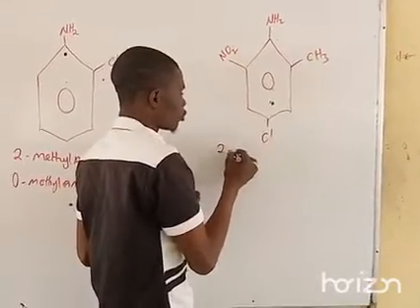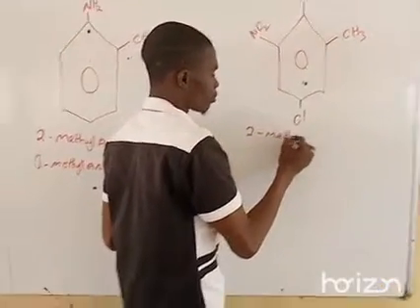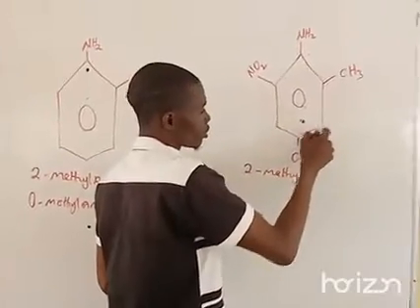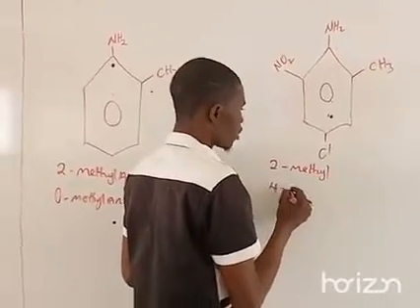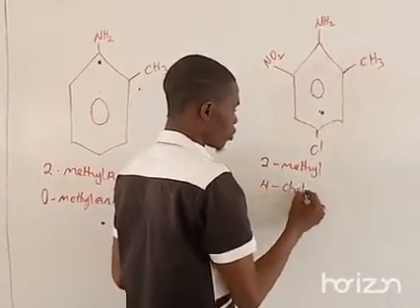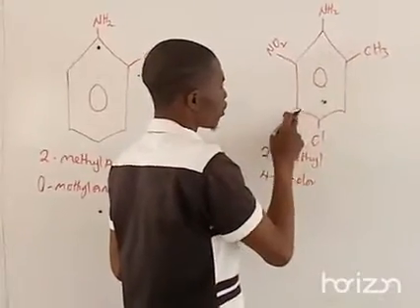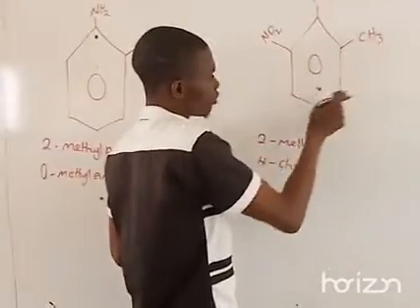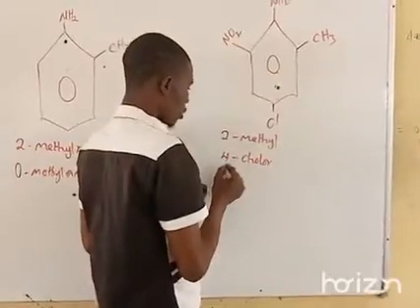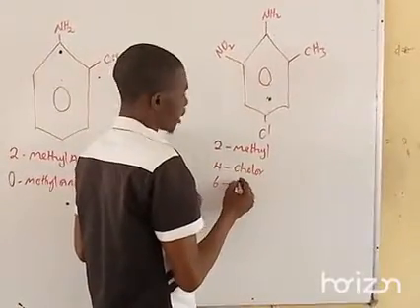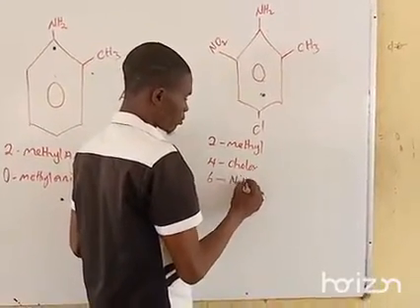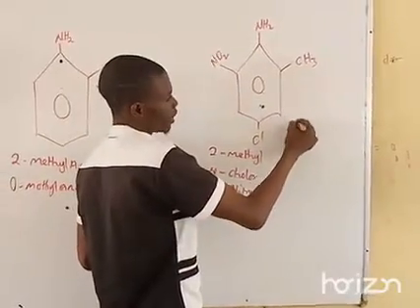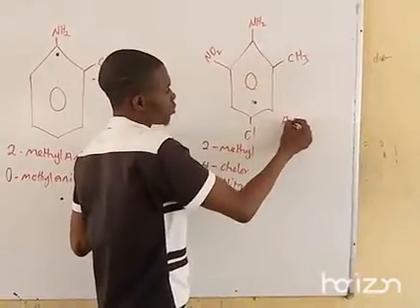On carbon number 2, I have a methyl group. 3, nothing. On carbon number 4, I have a chlorine group, which is chloro. Then 5, 6. On carbon number 6, I have a nitro group. And the parent name, of course, with NH2 is aniline.